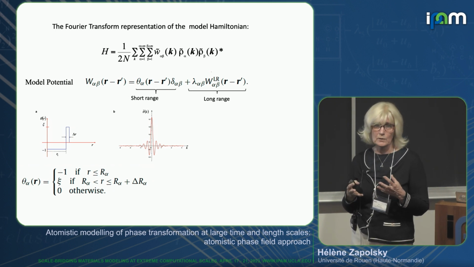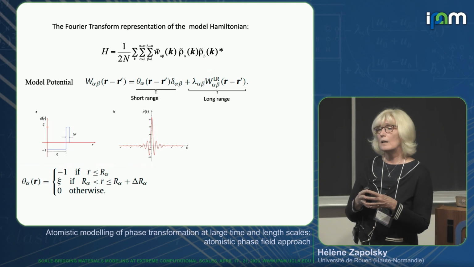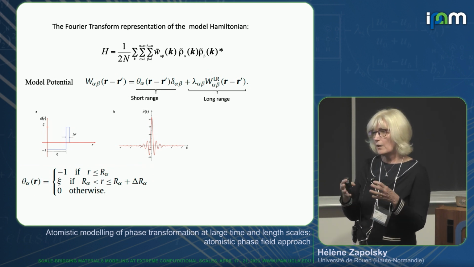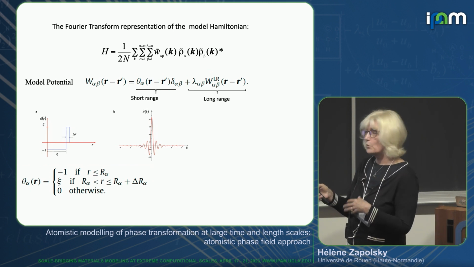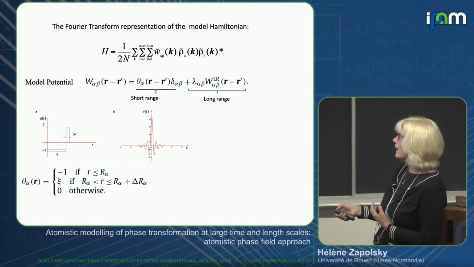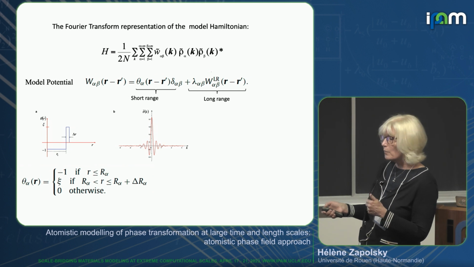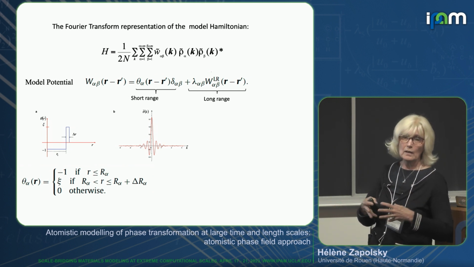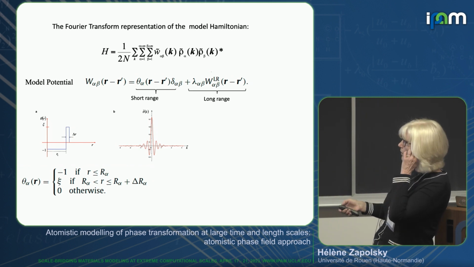Because in the PFC method, as I said, there is no short-range interaction, and if we work with some big driving force, the atoms start to form lines, a stripe structure. To avoid this, we introduce a short-range interaction to really fix the size of the atom. First of all, it avoids the stripes. And secondly, we can work with different sorts of atoms. We can increase or decrease the size of the atom if we like, because this will be imposed by the short-range interaction.